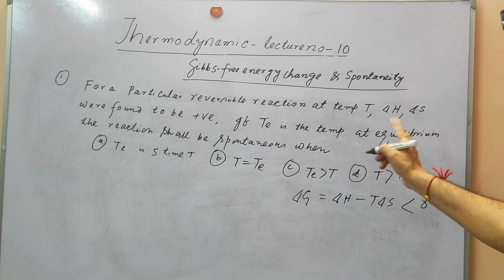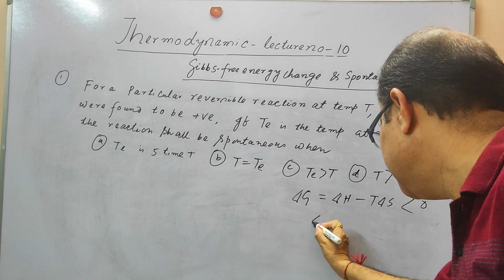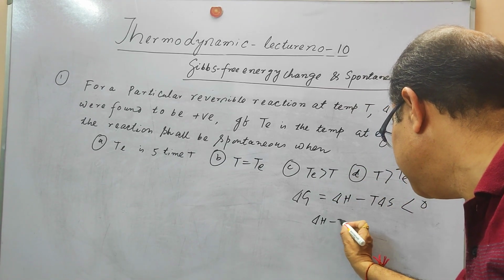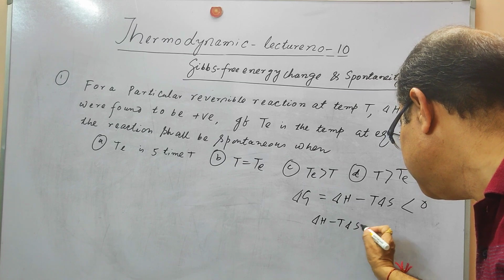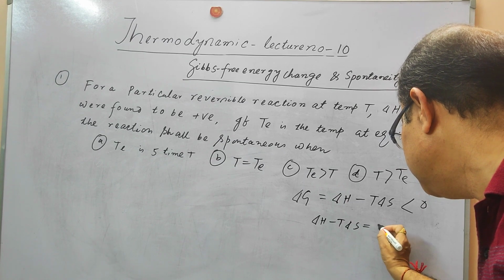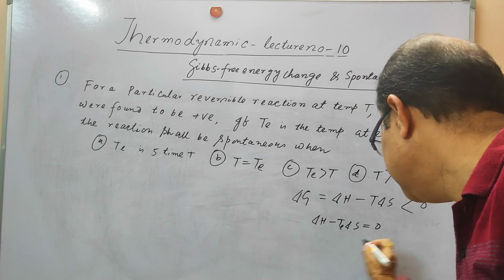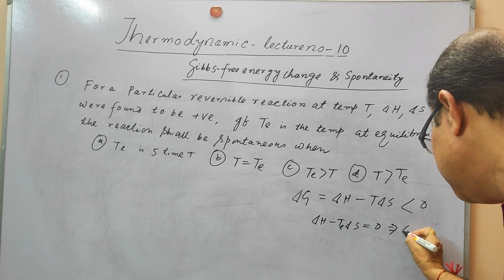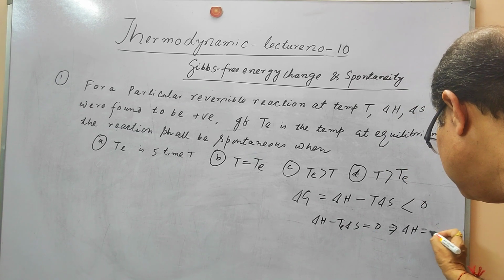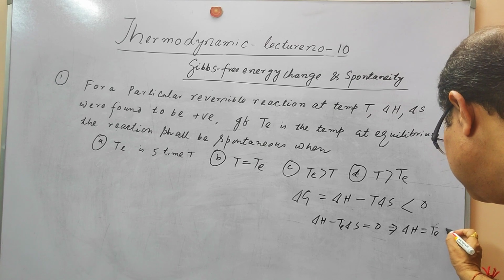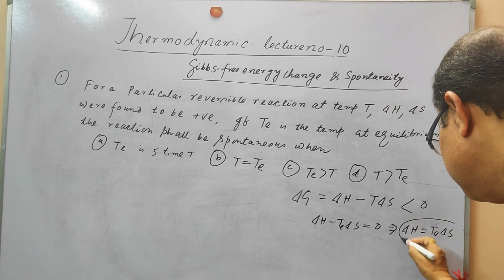Te is the temperature at equilibrium, which means delta H minus Te delta S is equal to 0. So we can write delta H is equal to Te into delta S.